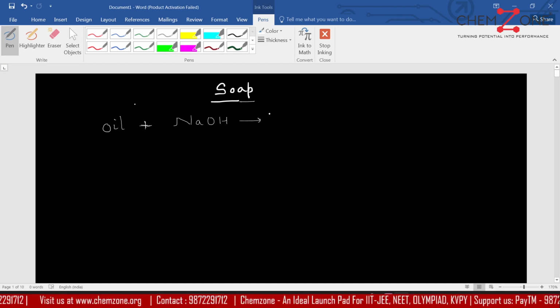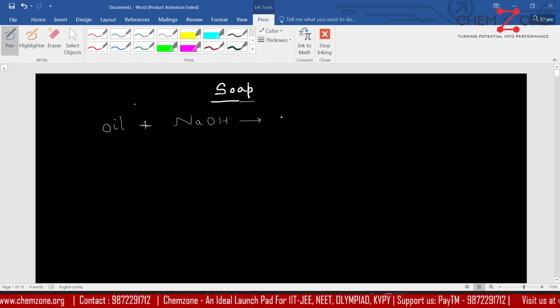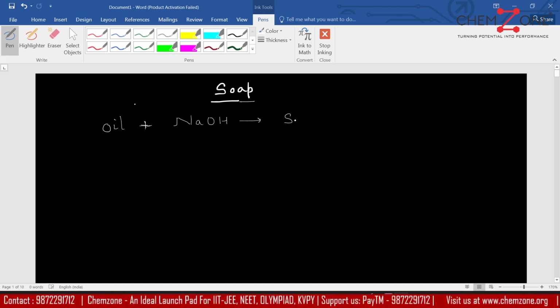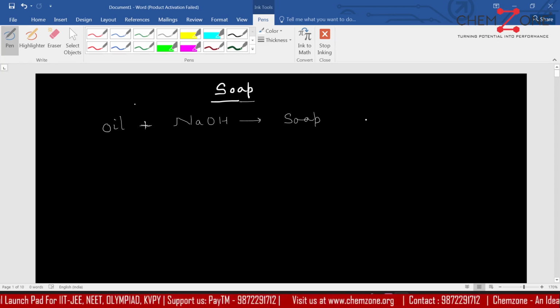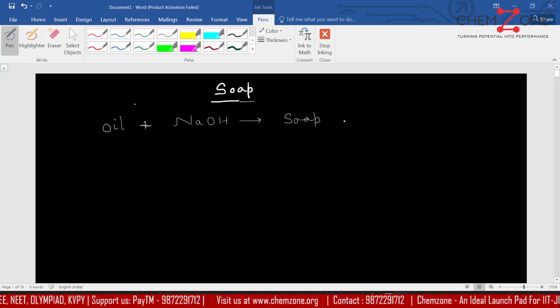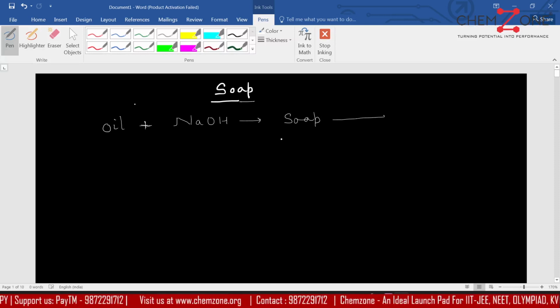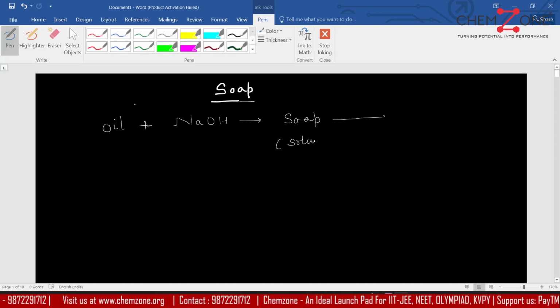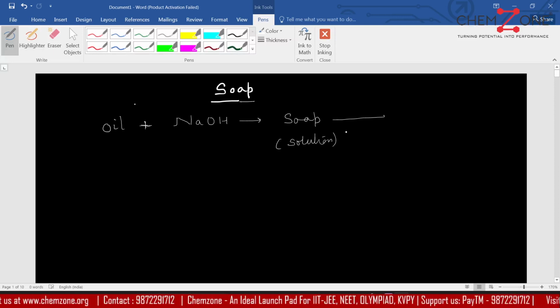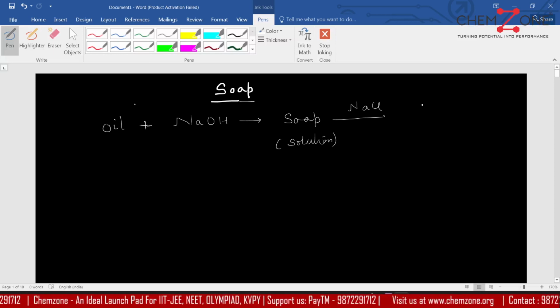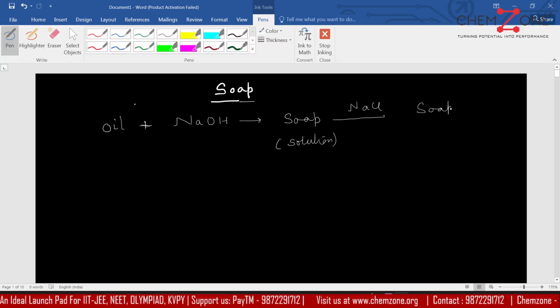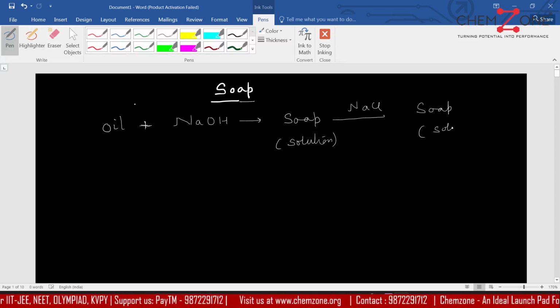In this process, soap is actually formed, but that is not in the form of the soap cake. That is in the solution form. To this we add a small amount of sodium chloride, and then we get the soap as a solid, as a soap cake.